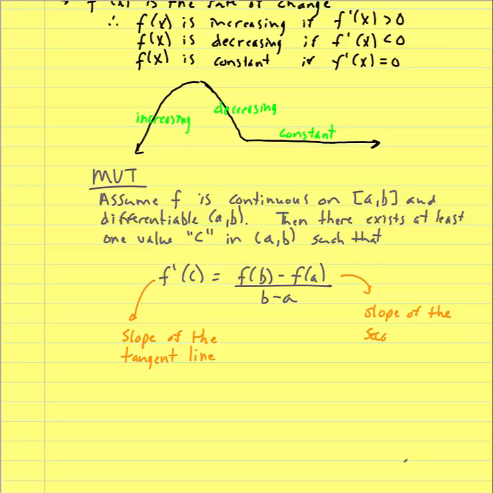Now you might say, well, wait a minute, how do I tell the difference? Well, remember, secant has 2 points. Tangent is a single point where I have a tangent line. Secant line goes through 2 points. So another thing that we could talk about is the idea of there exists at least one tangent line that is parallel to a secant line in the interval.